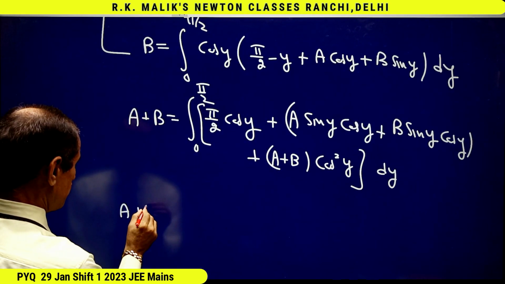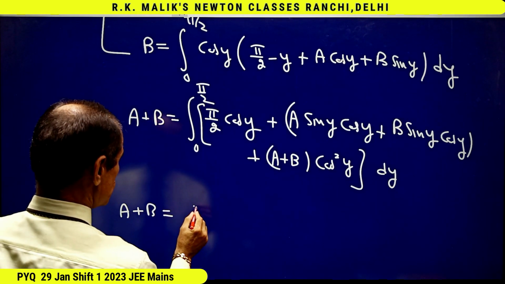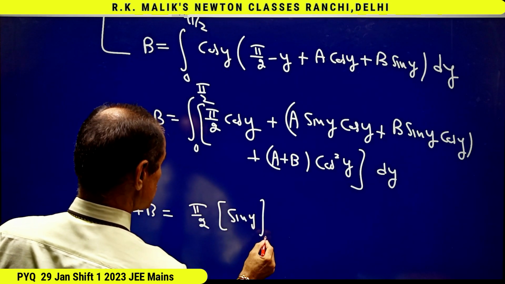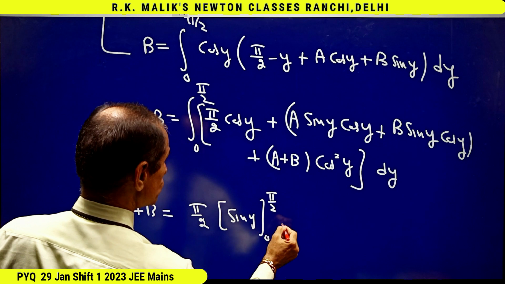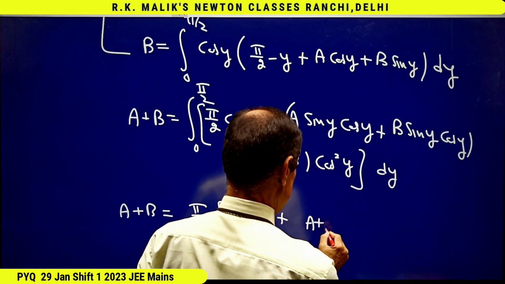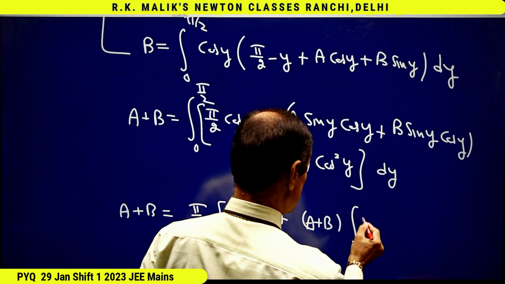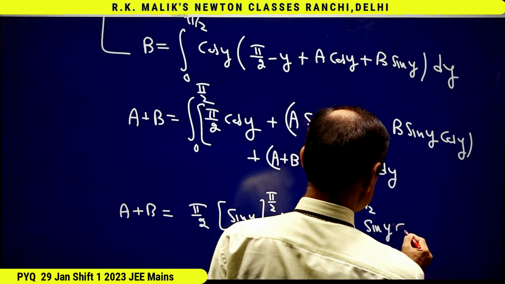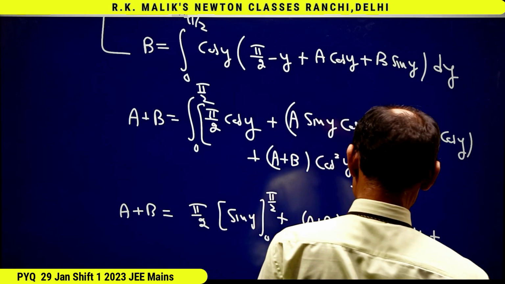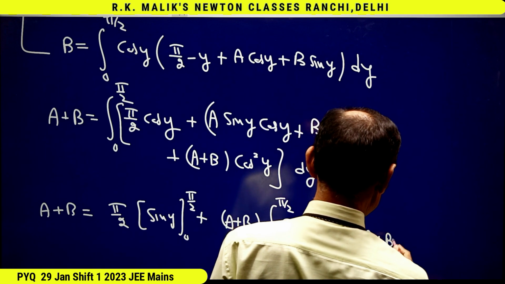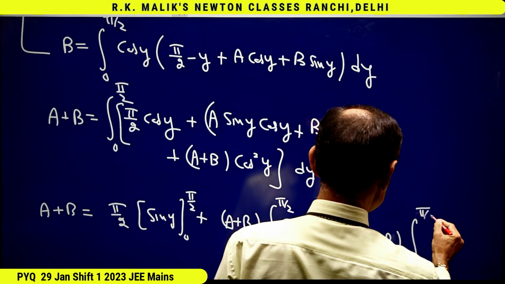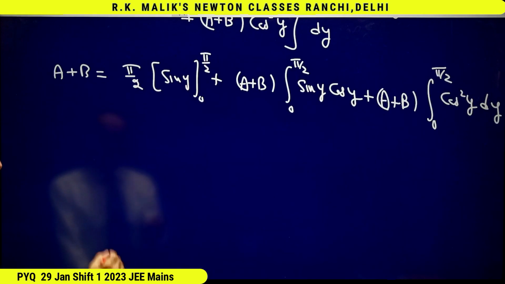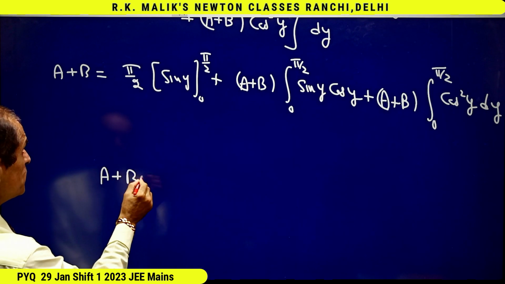And it is a plus b equal to pi by 2 into sin y, 0 to pi by 2, plus a plus b into integral 0 to pi by 2 sin y cos y plus a plus b into integral 0 to pi by 2 cos y dy.